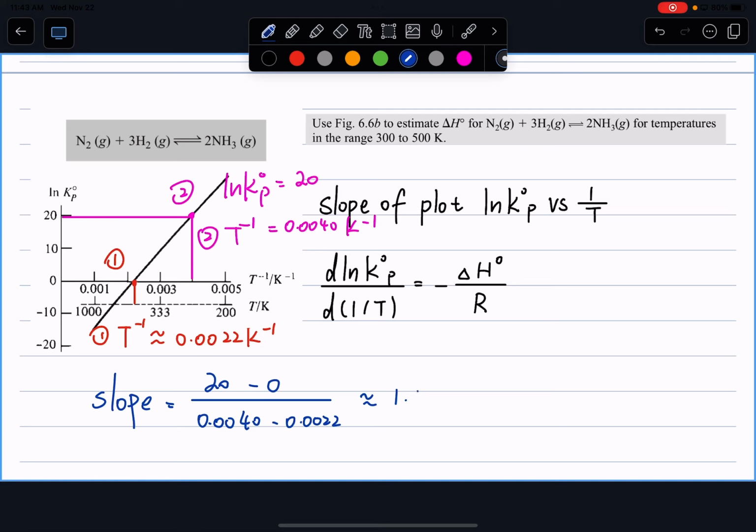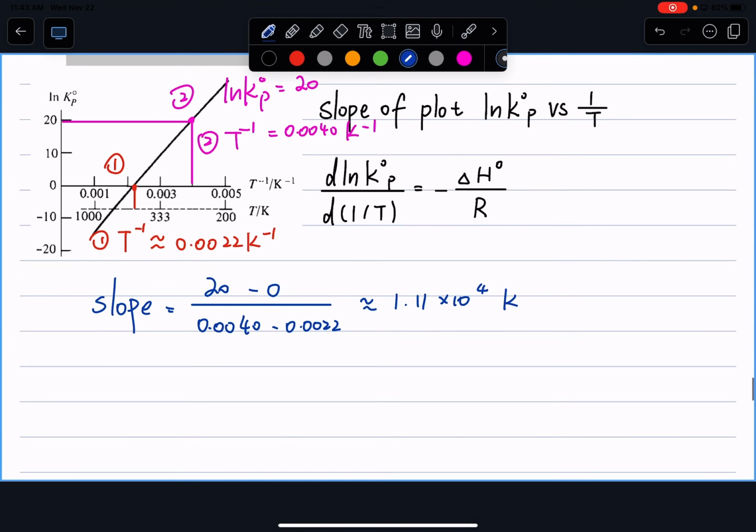That's about 1.11 times 10 to the 4. Right. And note the slope. Does it have a unit? Because on the top, your ln Kp doesn't have any unit. On the x-axis, it has a unit of K minus 1. So the slope will have the unit of K.